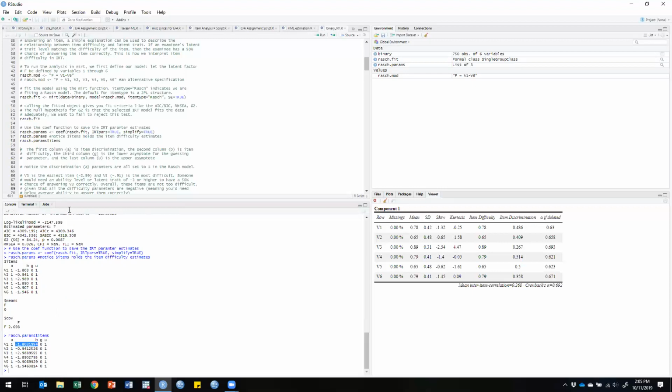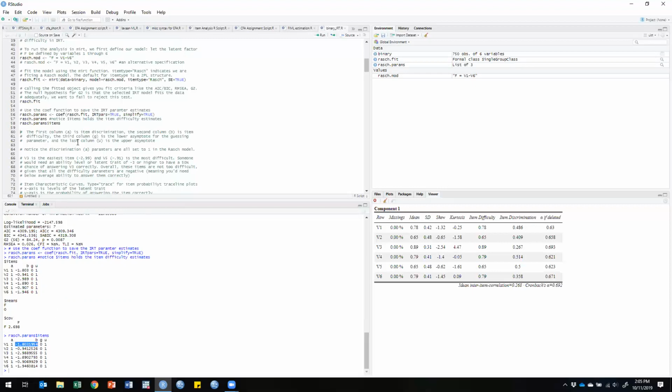The difficulty parameter here is negative 1.8. So what this is saying is that you would need a latent ability or latent trait level of around negative 1.8 or higher to have a 50% chance of getting that item correctly. That's how you would interpret it. And we can also see here the easiest item would be question 3.